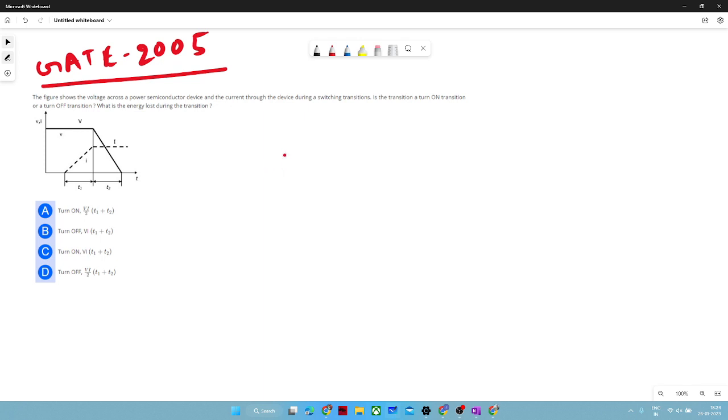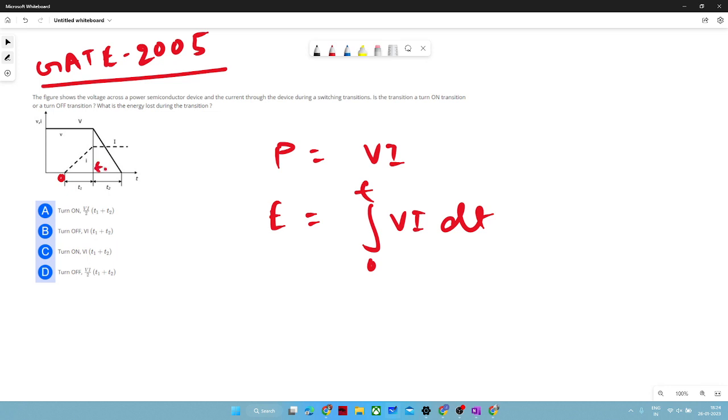So generally power is what? VI, right? And power is nothing but the energy per unit time or work per unit time. So we can write energy as the integral of VI dt from 0 to t. Now, we will consider this instance as 0 and this as t1, just for the sake of simplicity.